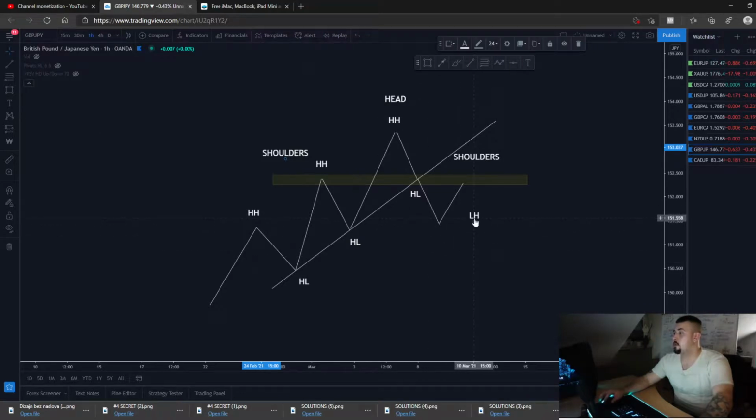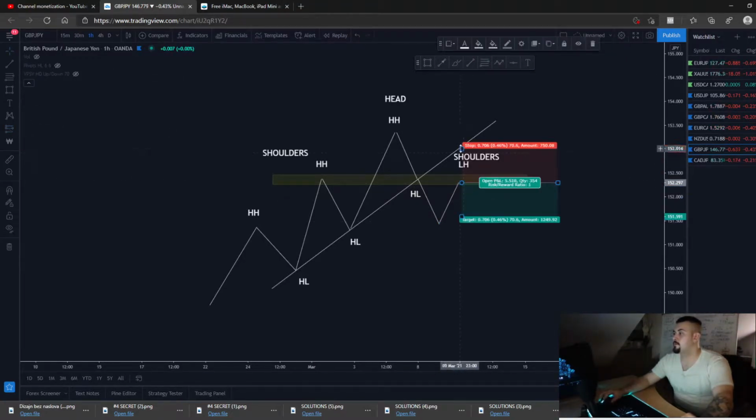And you as a winning trader have to wait for this strategy to build up exactly like this. Sometimes one shoulder could be a little bit higher or lower, but as long as it is a clear head and shoulders pattern, you can enter this trade right here. And that would be an aggressive entry on this one.